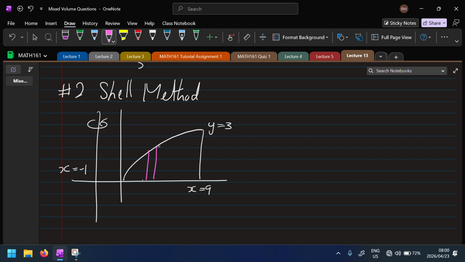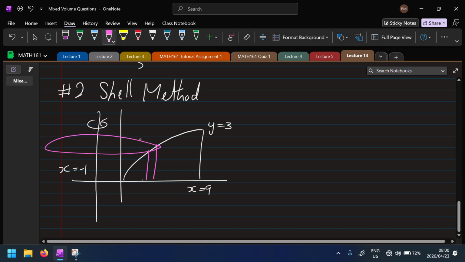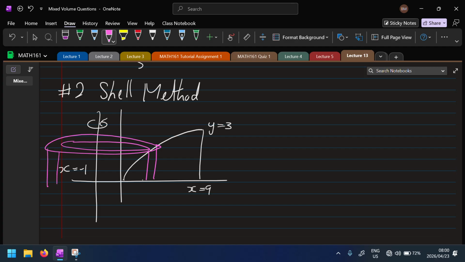We rotate this around the axis, and that ends up being one of our cylinders. It's a cylinder, hollow on the inside, just this bit that has some thickness to it. We do that for all of the values from 0 to 9, and that gives us the total volume.